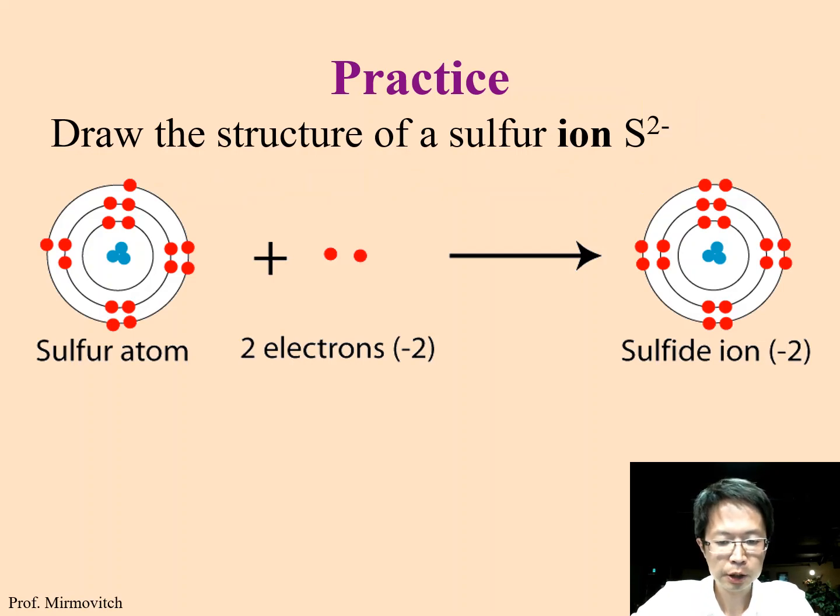So as I said, it gains 2 electrons, so it becomes 2-. After it gains 2 electrons, the outermost shell will be completely filled. When the electron shell is filled, then the ion becomes happy because it is stable.